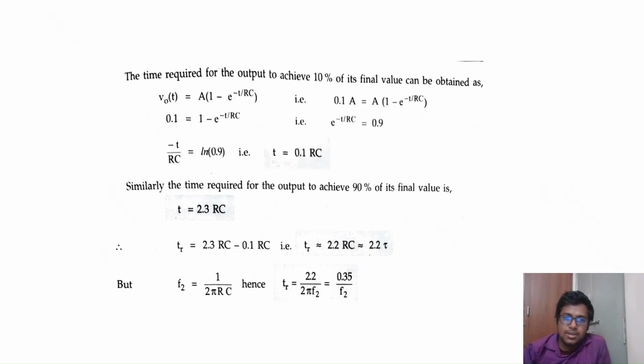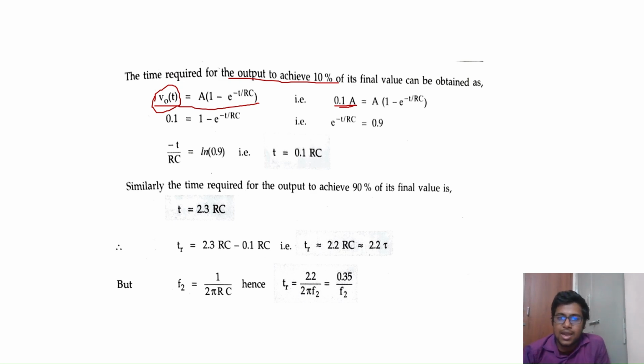So this is the expression we have derived, V naught of t, which is the response of a low pass RC circuit whenever you are applying the step input. Here if I want to calculate how much time the output response takes to achieve 10% of the final value, you need to substitute the output voltage as 0.1A, because 0.1A denotes 10% of the final steady state value.